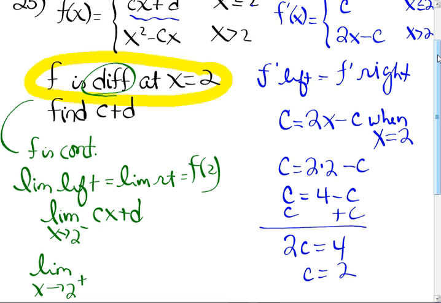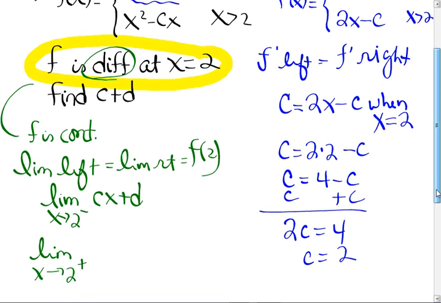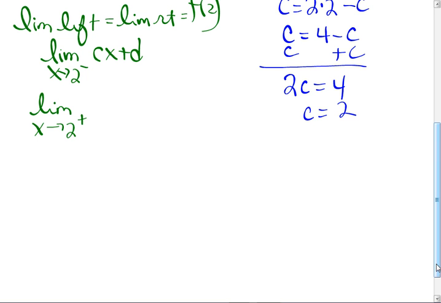I got c. That's what this limit is: x squared minus cx. The limits are equal. That's what you're doing mathematically. You're finding the limit from the left when x approaches 2, and these must be the same. So what are you going to do with 2? Just substitute it in.